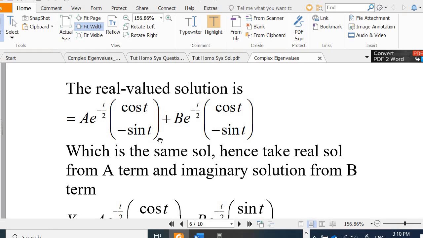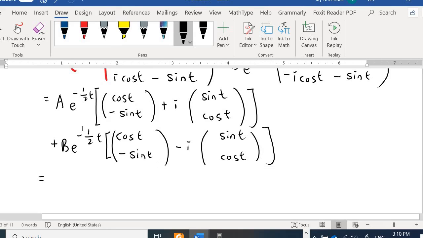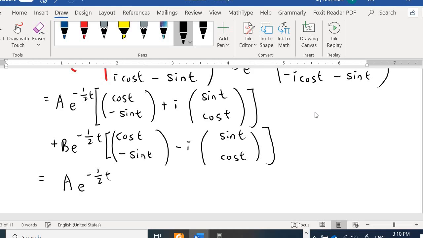Can you comment on this? These two terms, in the YouTube video I stopped at the real value solution, but actually these two terms are exactly the same. So the correct solution: I take the real value from the a term, cos t, negative sin t.